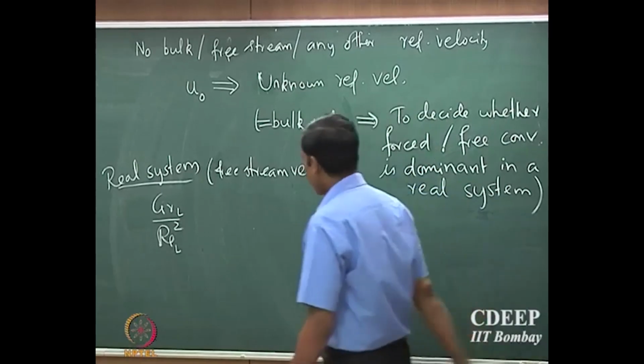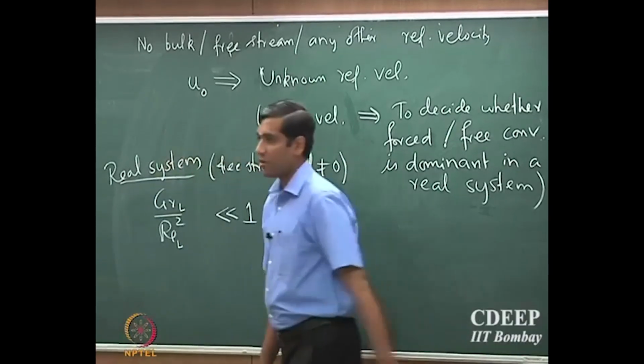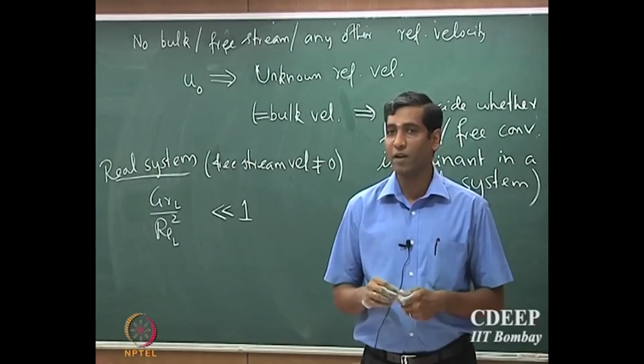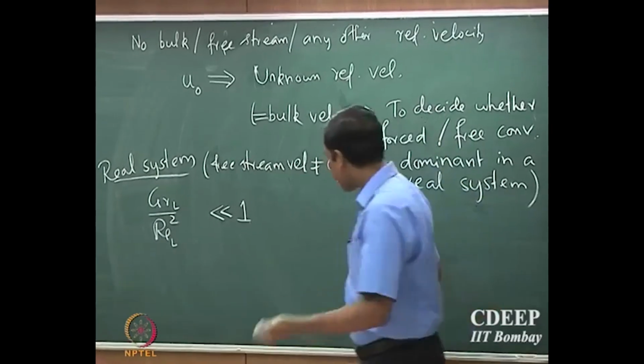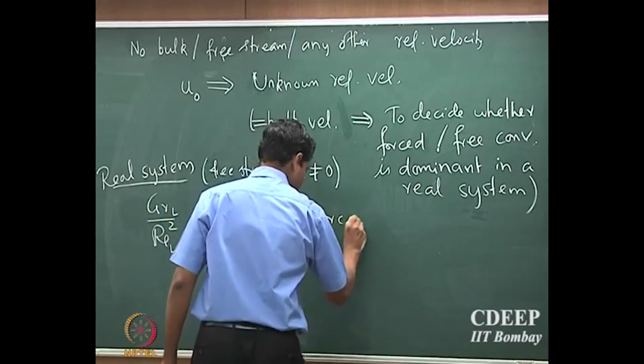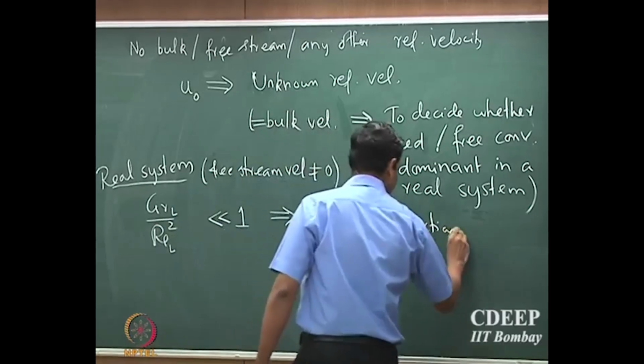Supposing it is much smaller than 1, what would you infer? Forced convection dominates.